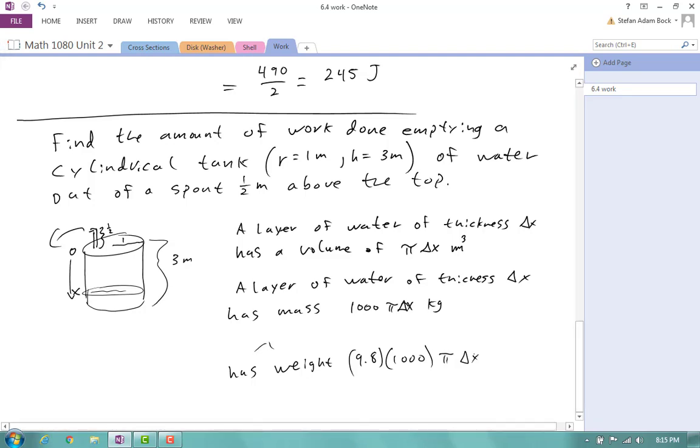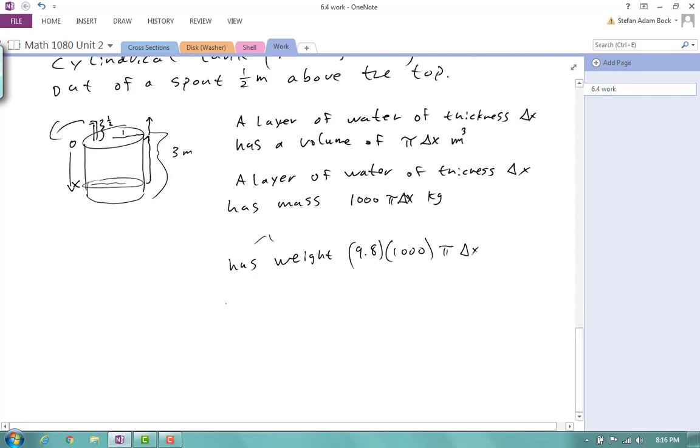And how far does this layer of water have to travel? Well, this layer of water has to travel up to the top of the tank, but then it also has to travel to the top of the spout. So the layer of water must travel x plus 1/2 meters.